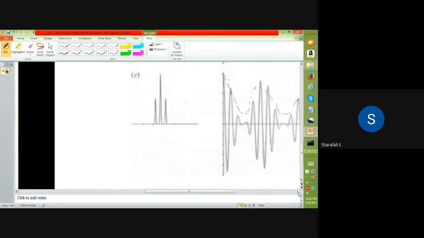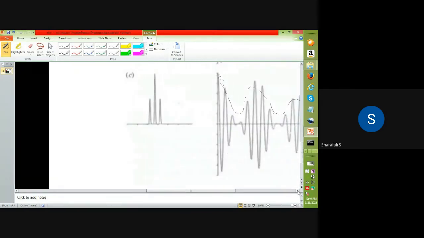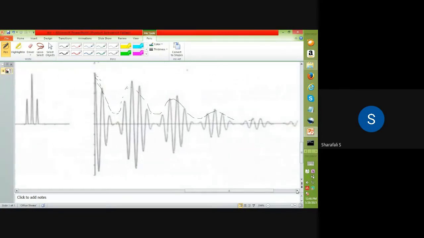So let's consider this one, with three frequencies combined together, we get this kind of spectrum.